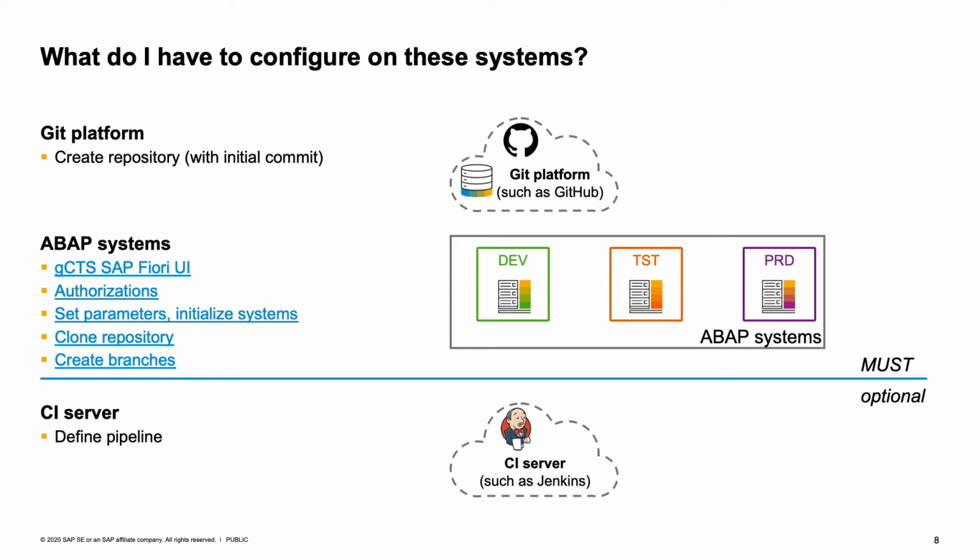So you would need to configure Fiori, and then you would need to enable this GCTS Fiori app. We have some additional authorizations. So GCTS comes with a new role that you should copy and add to your users. We have some parameters that need to be configured, and we have to initialize the system, which means that there is a background job scheduled that makes sure that GCTS can get the content of the transport requests, for example.